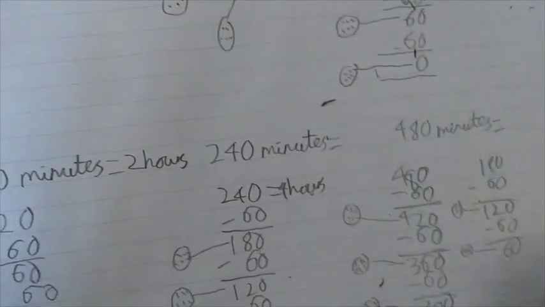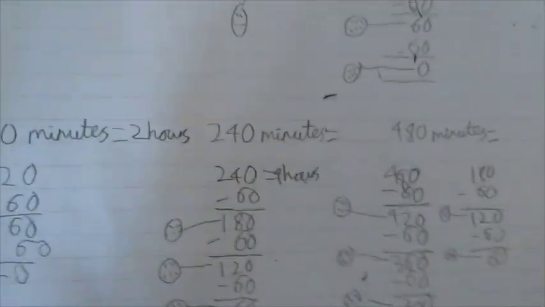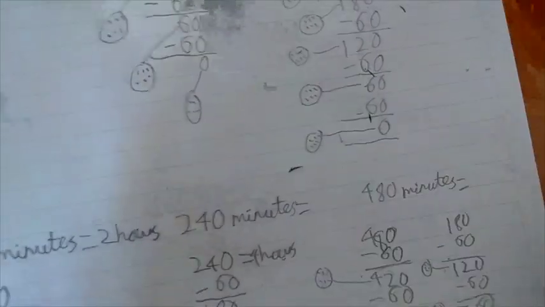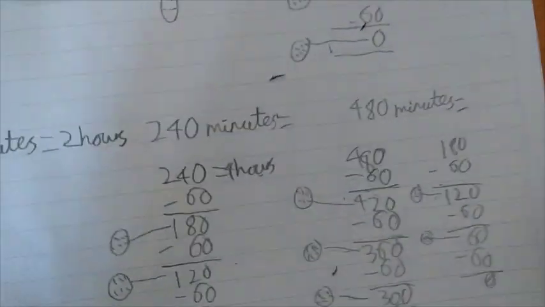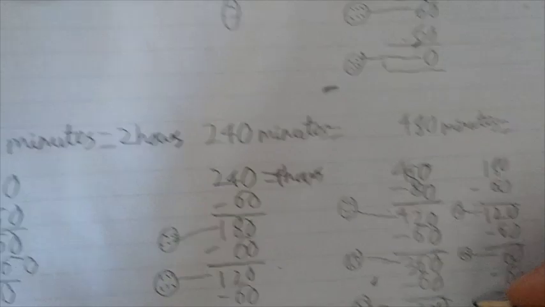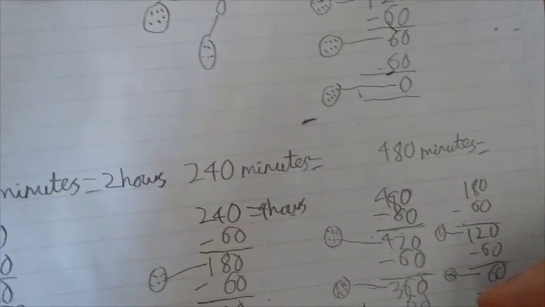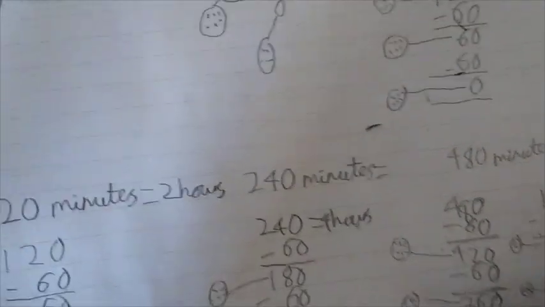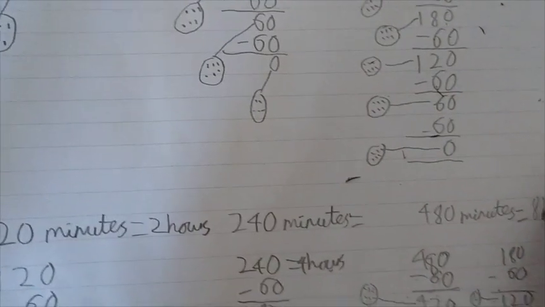So remember to put 6 dots per bubble representing the 60 minutes in an hour. And 60 minus 60, as you may have guessed, is 0. Let me just tidy that up. And then so we have 1, 2, 3, 4, 5, 6, 7, 8. 8 hours in total.